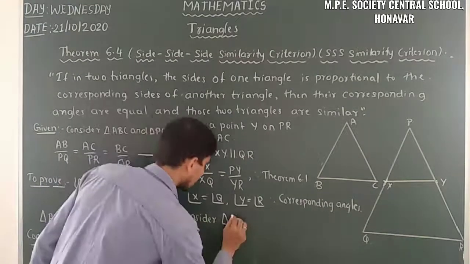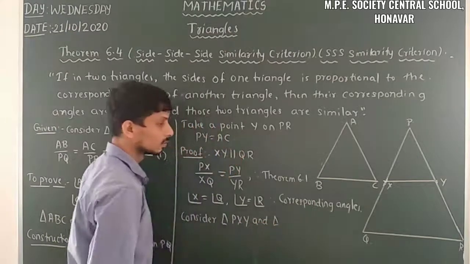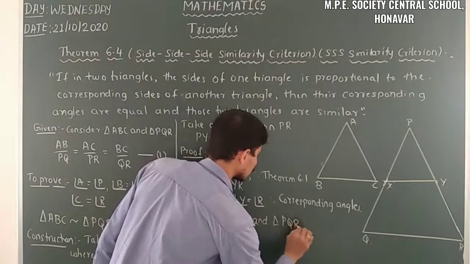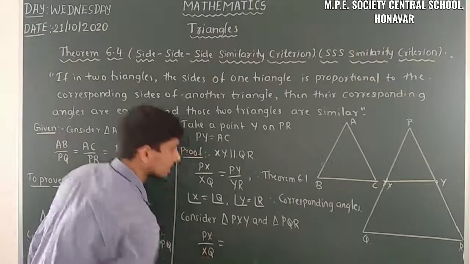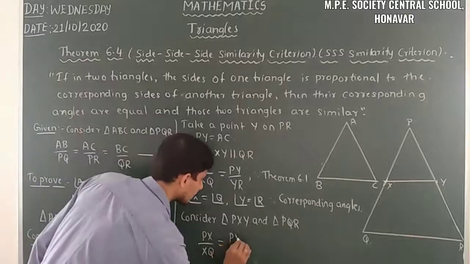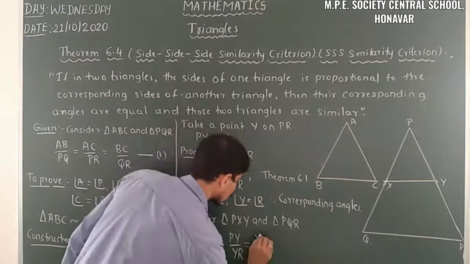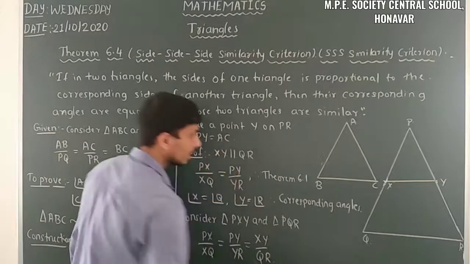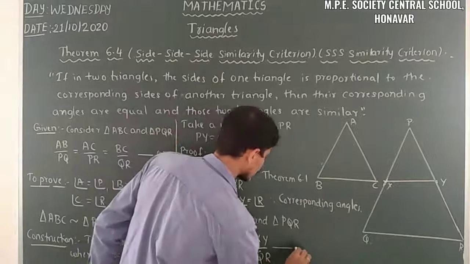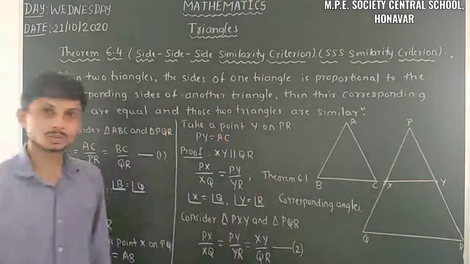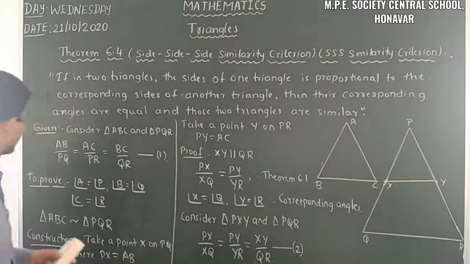So we can easily take PX by XQ is equal to PY by YR is equal to XY by QR also. I will consider this as equation number 2 here. So we can use equation number 2 anywhere. Here I will rub this part.